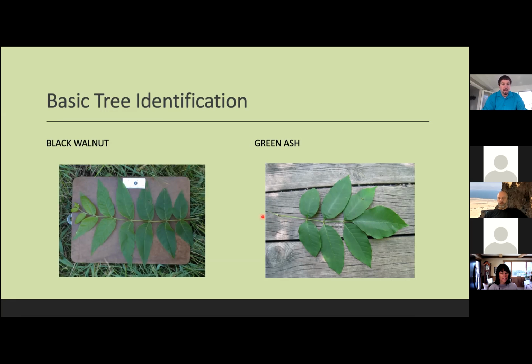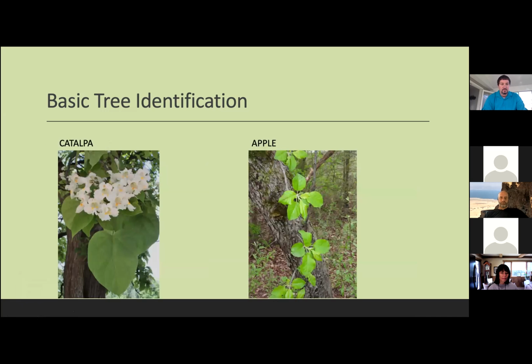Ash trees, a lot of people use them for firewood. If you can keep them alive and healthy, they're beautiful trees. Definitely things that you'll probably notice out in the landscape, and things that are a valuable part of the system.